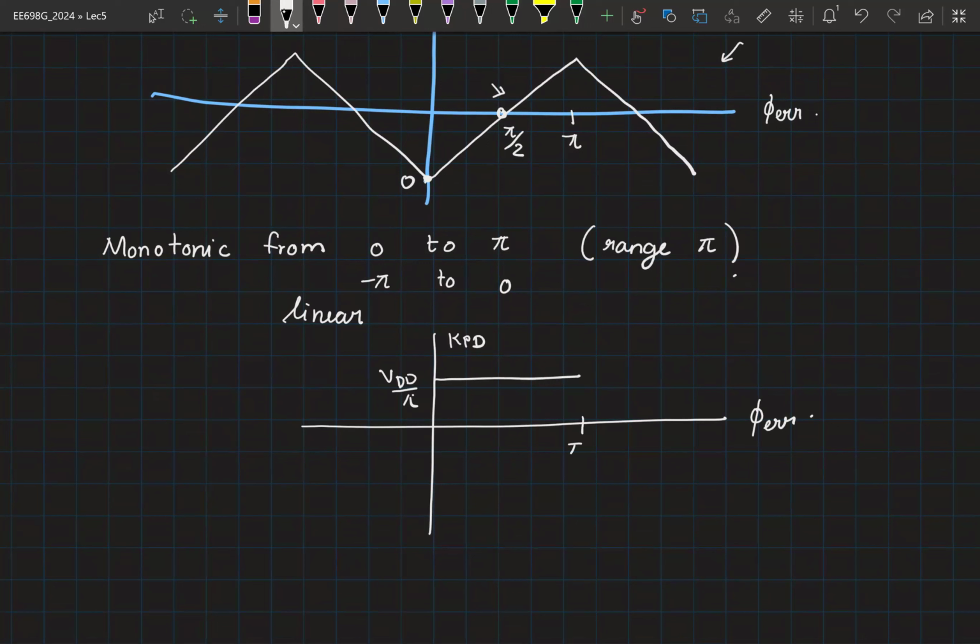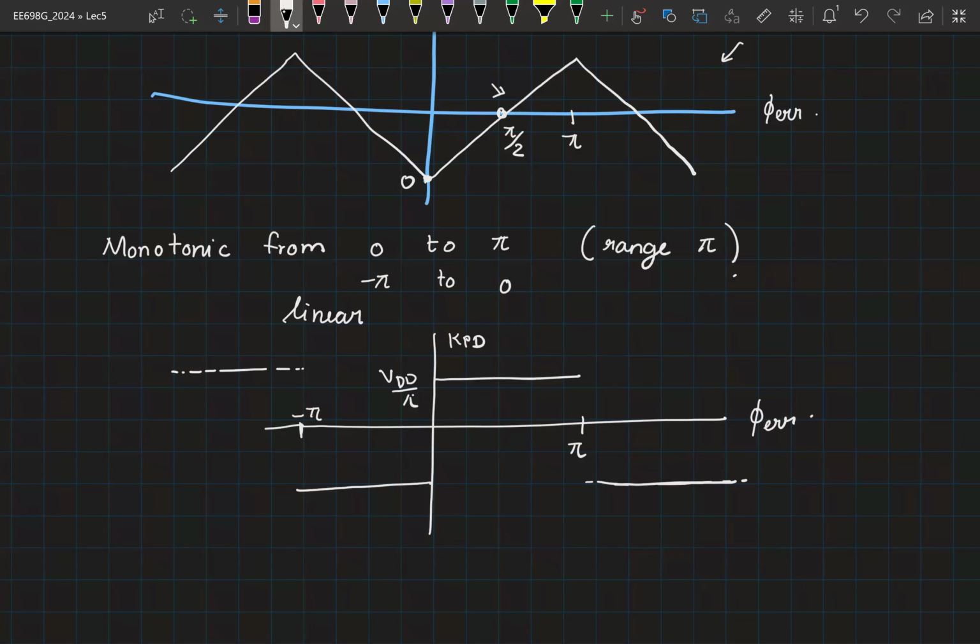Till pi. And then it will shift down to minus VDD by pi. Same on this side also. You'll have minus VDD by pi, and then after that, VDD by pi.